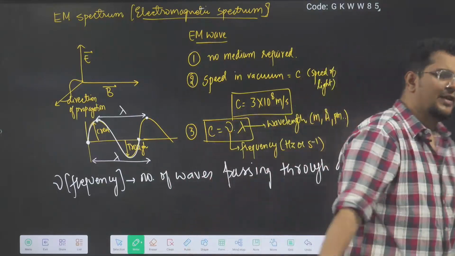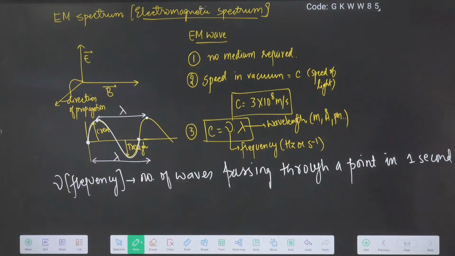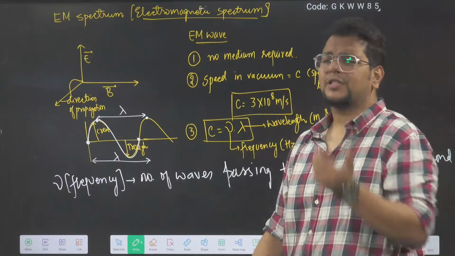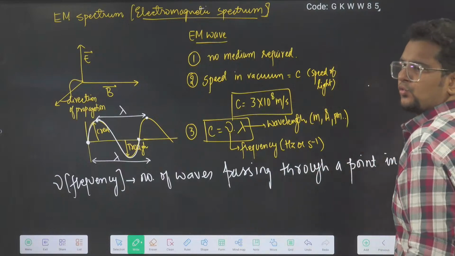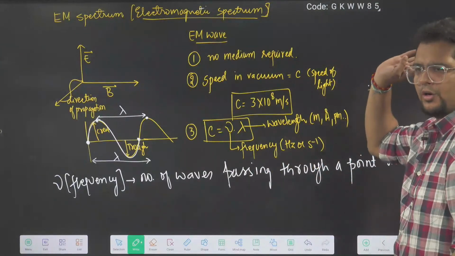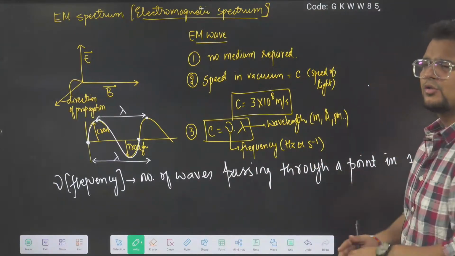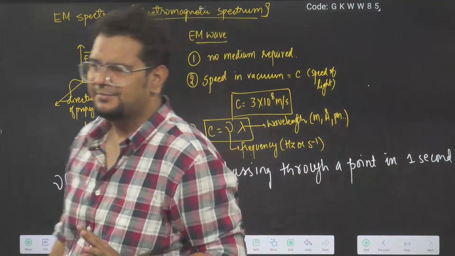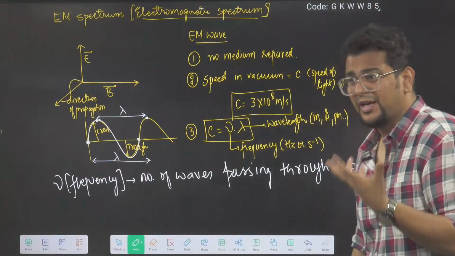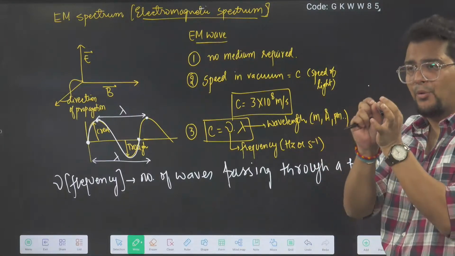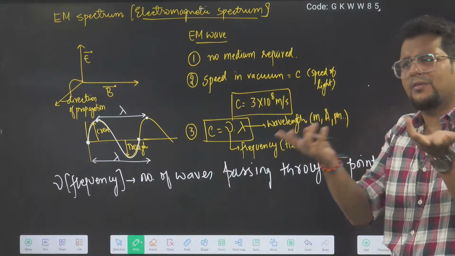If I talk about frequency in hertz, that means how many waves have passed through one point in 1 second? For example, in 1 second, 3 waves gone: 1, 2, 3. So frequency will be 3 per second. How many waves are passing through a point in 1 second is called frequency.